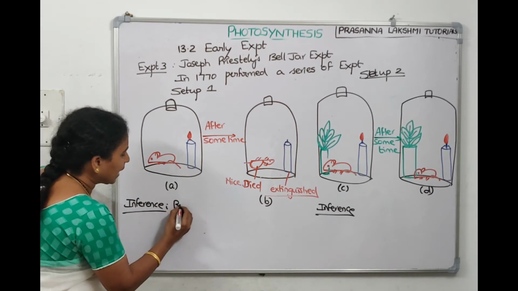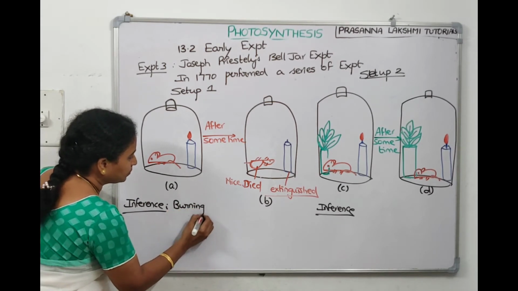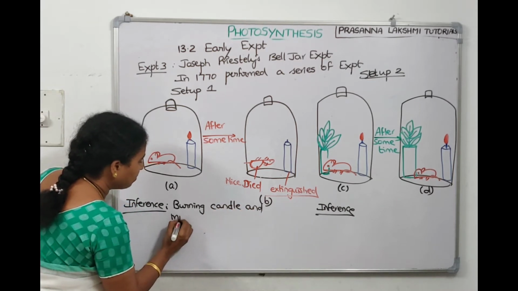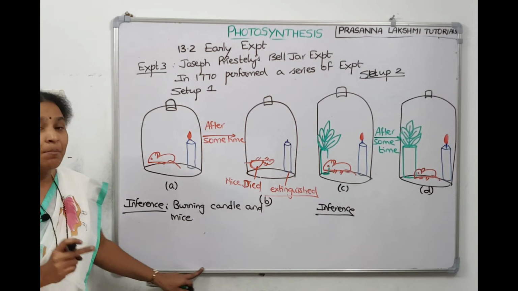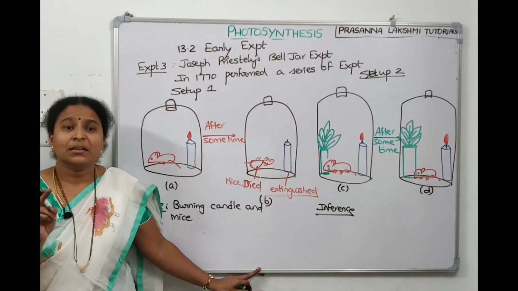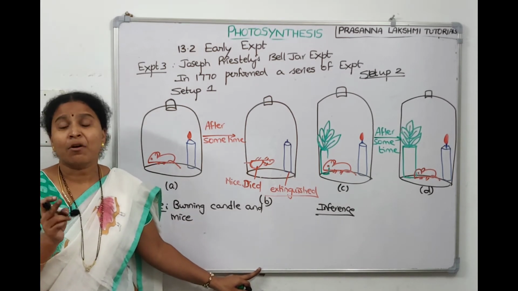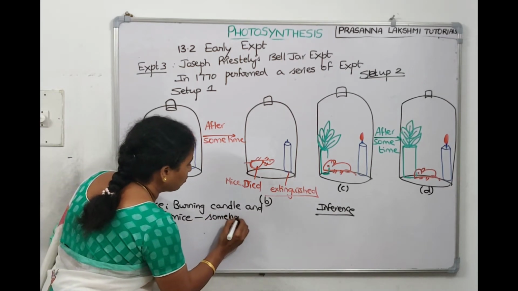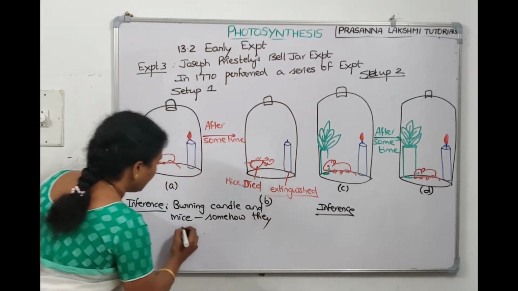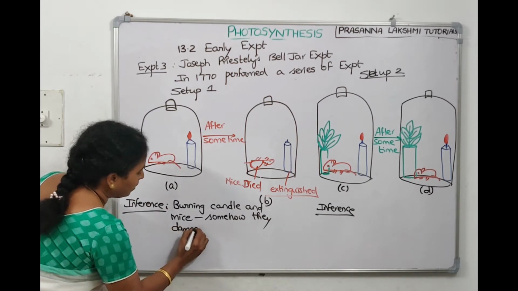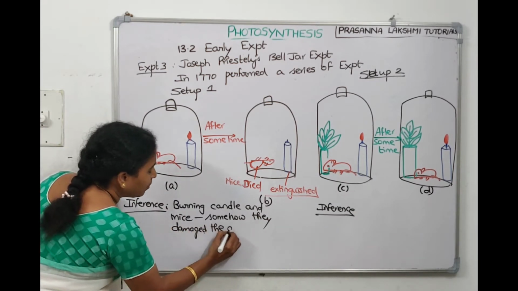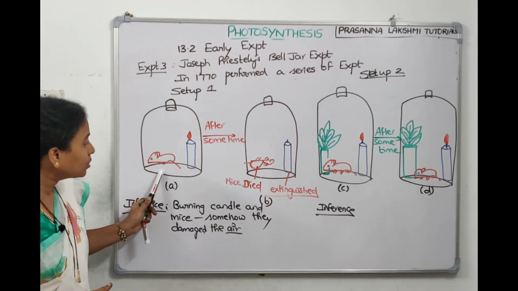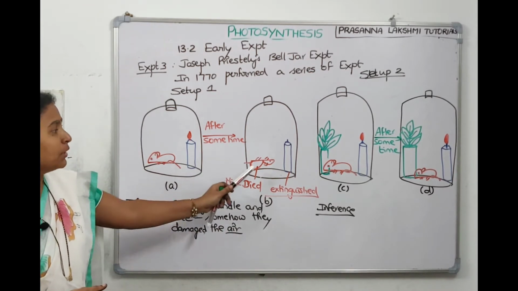He told that the burning candle and mice have somehow damaged the air. Because the air got damaged, in that damaged air, mice is not able to survive and candle is not able to burn.